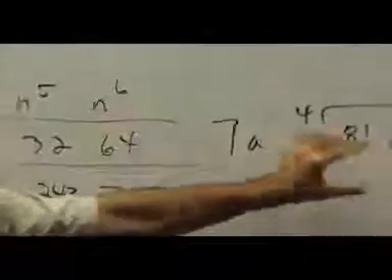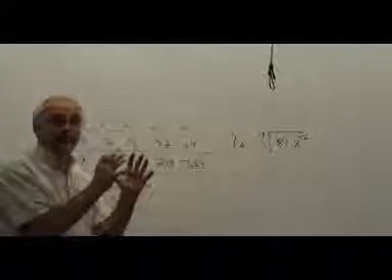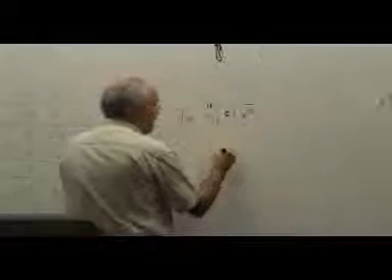Whenever you see a number like this inside the radical, think about writing it as an exponent, the same idea we gave you earlier. So before I do anything to this one, I'm going to write this as 3 to the 4th.